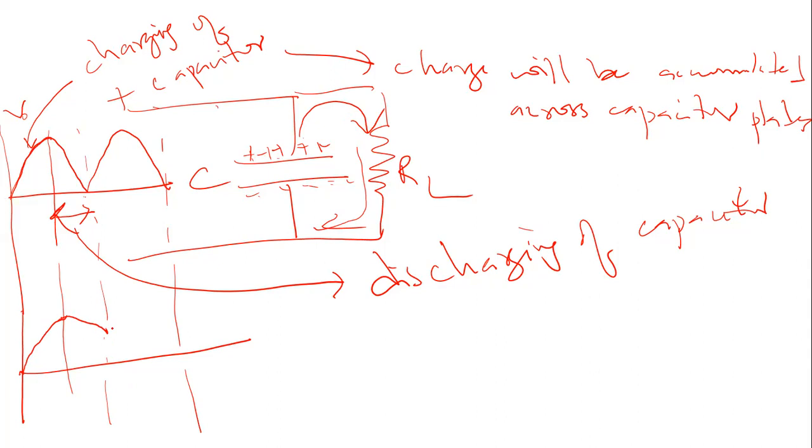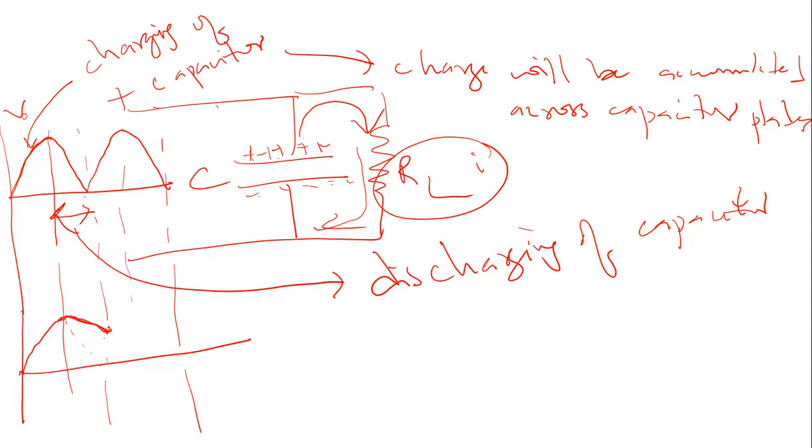Then your output voltage, which is current into this, will also remain like this instead of falling down.